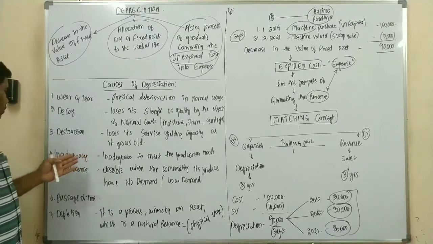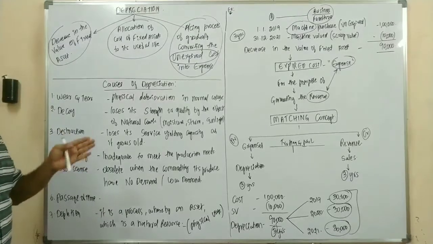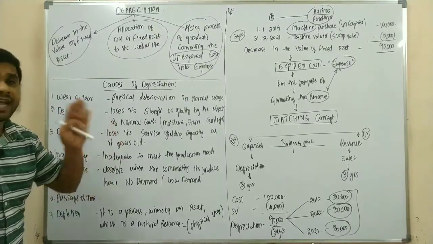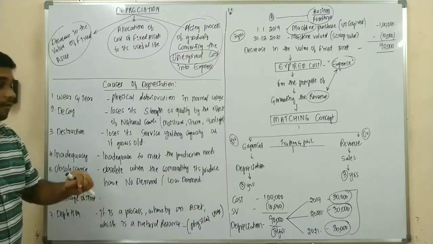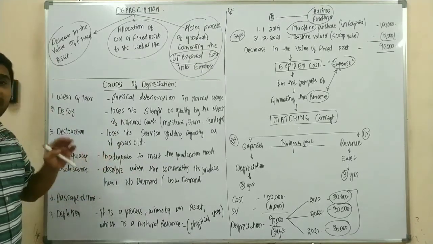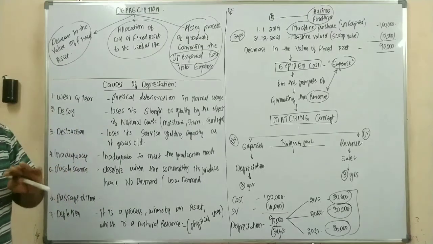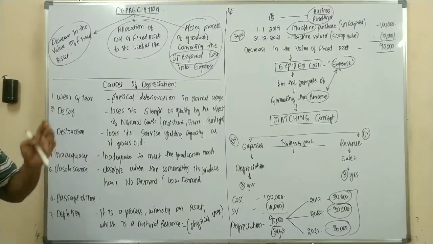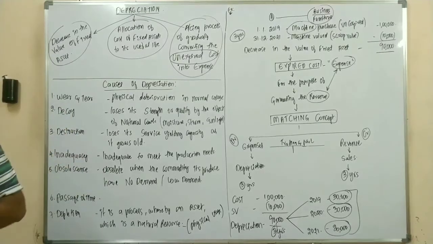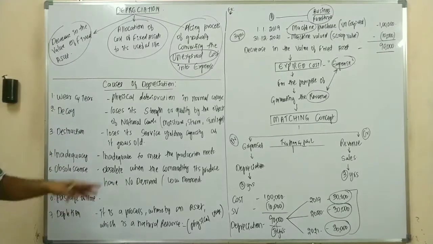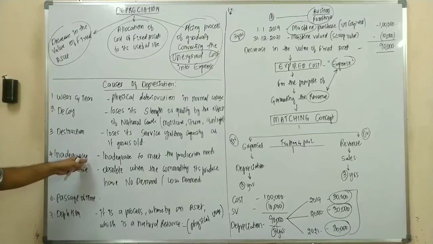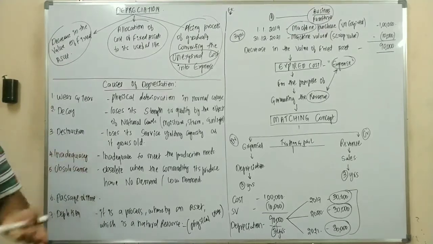Whenever a fixed asset becomes inadequate, that means whenever a fixed asset doesn't meet the production needs. Let's say we want to produce 10,000 units of product, but with the existing capacity of the machinery, we can only produce 5,000.